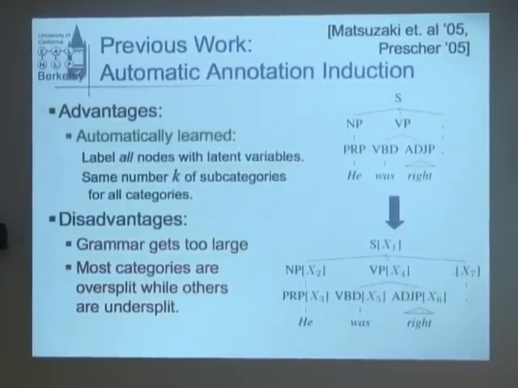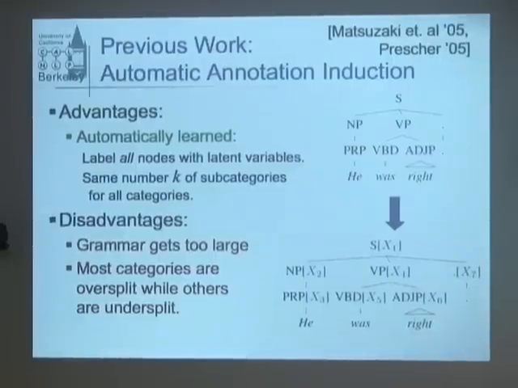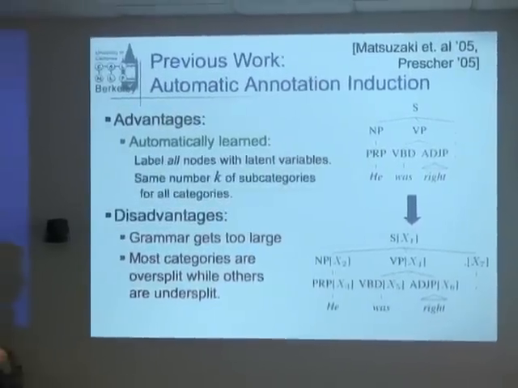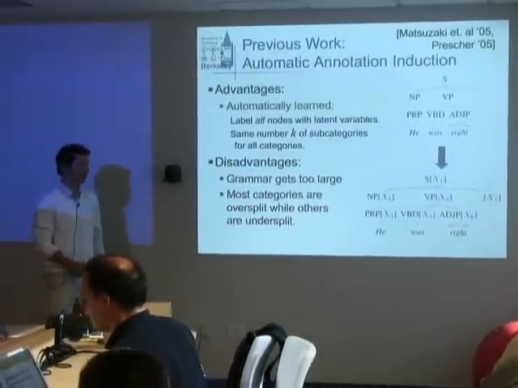But the problem with this approach is that because every category is split into the same number of subcategories, for binary rules like this one, the number of parameters grows cubically in the cardinality of the latent variables. And so you quickly reach the limits of what fits in memory, and parsing is very slow.